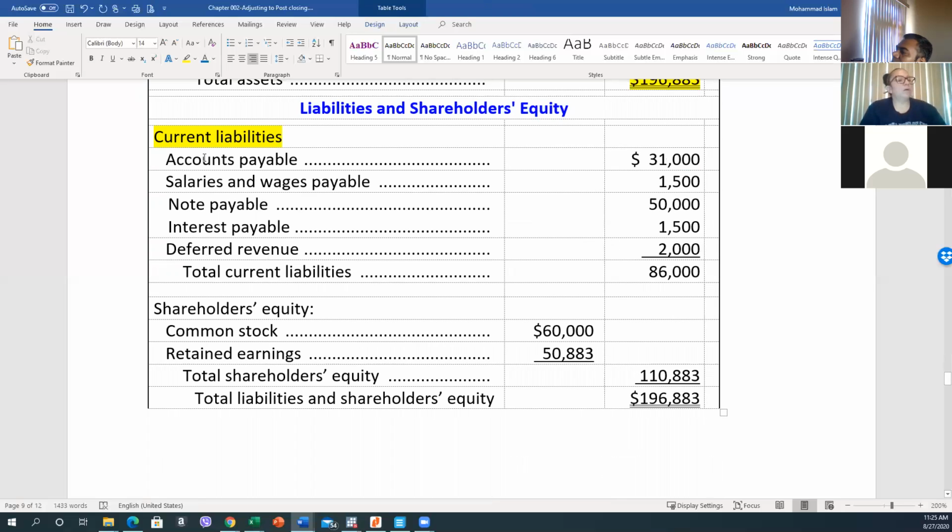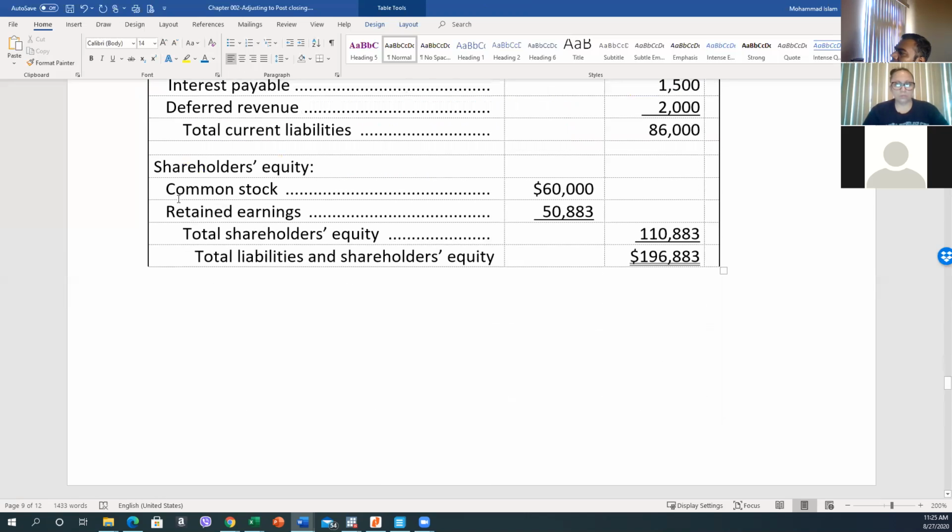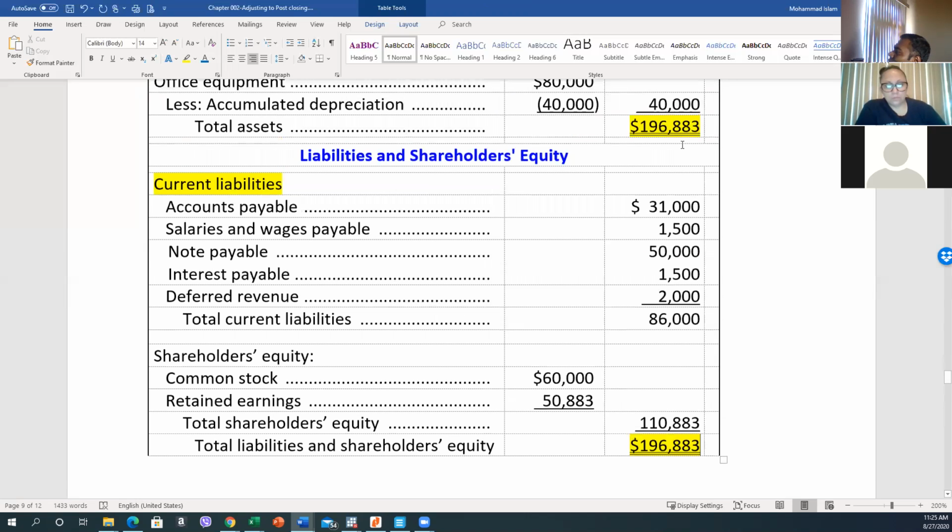All of these liabilities we need to pay within 1 year or less, so that is why they are current liabilities. And the shareholders' equity: common stock, retained earnings. See that total liabilities and stockholders' equity is 196,883. So they are balanced. We have the equation balanced: assets equal liabilities plus owner's equity.